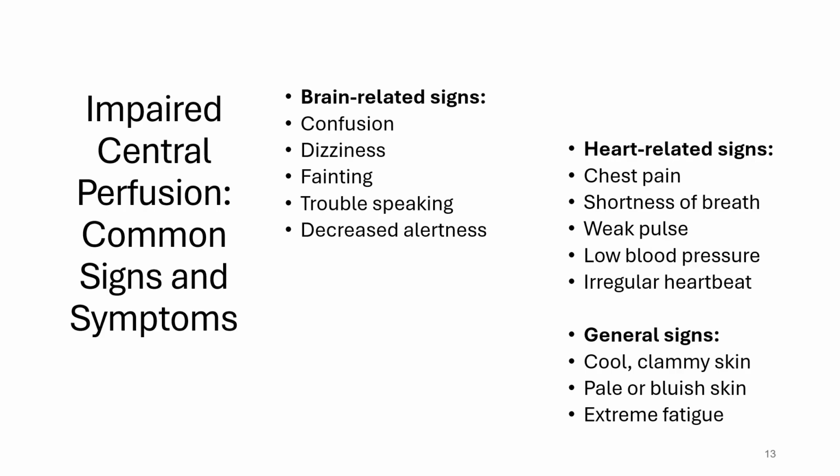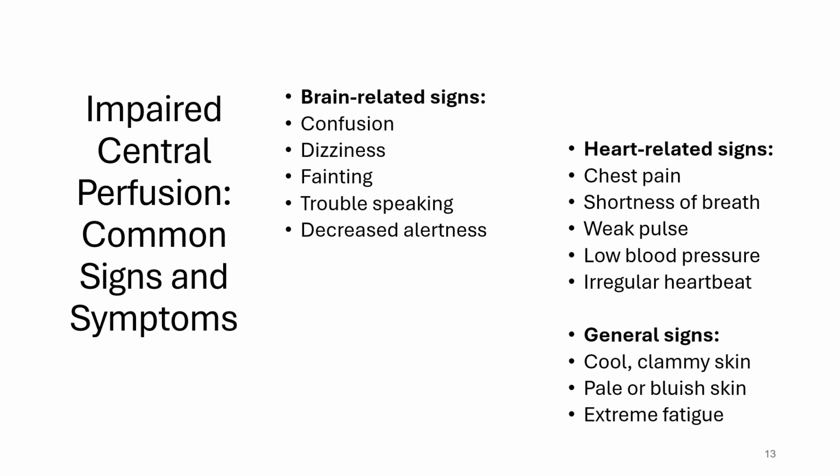Common signs and symptoms here, the brain signs: confusion. If your patient has a new onset of confusion, the first thing that you should do is check their pulse ox. See if they are hypoxic, because restlessness and confusion are really early signs of hypoxia.